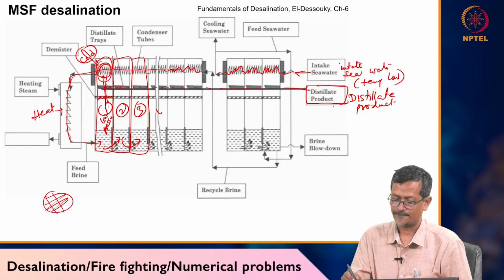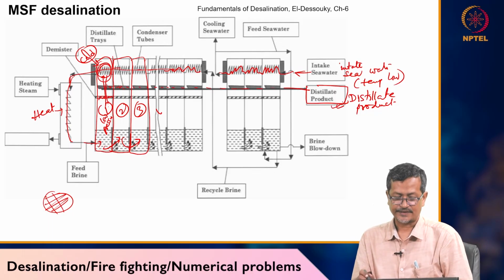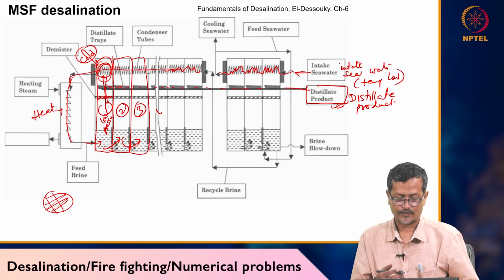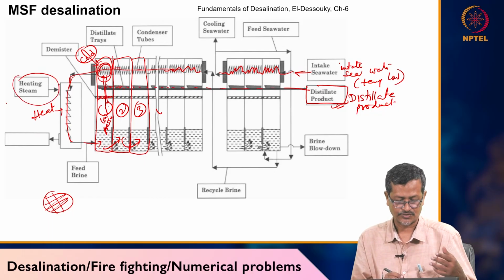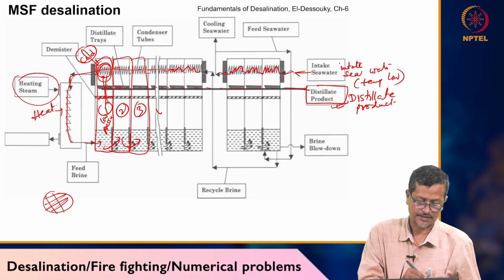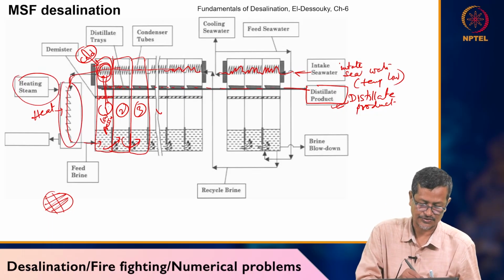Finally you are getting distillate product, but in this case you are using a limited amount of power, because any waste heat also can be given to increase the temperature of your brine in this heater or heat exchanger. This is the heat exchanger.